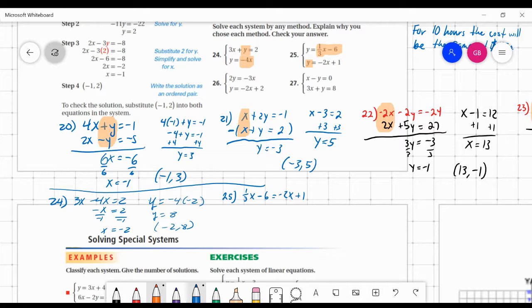To clear the fraction, I can multiply everything by 3 to get rid of the fraction. So 1/3 of 3 is just 1.